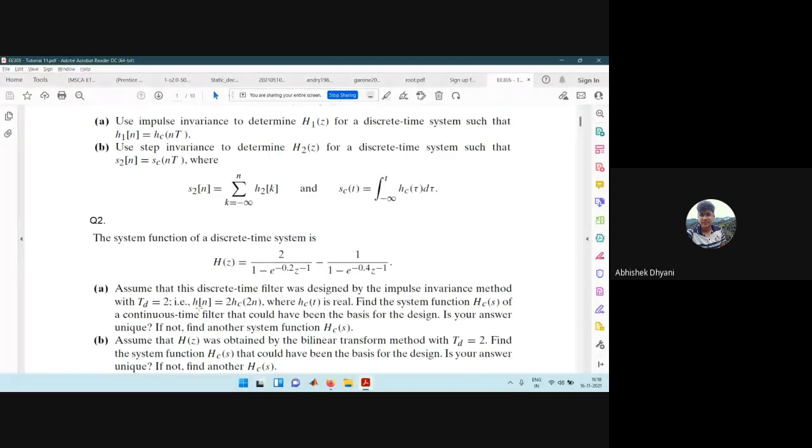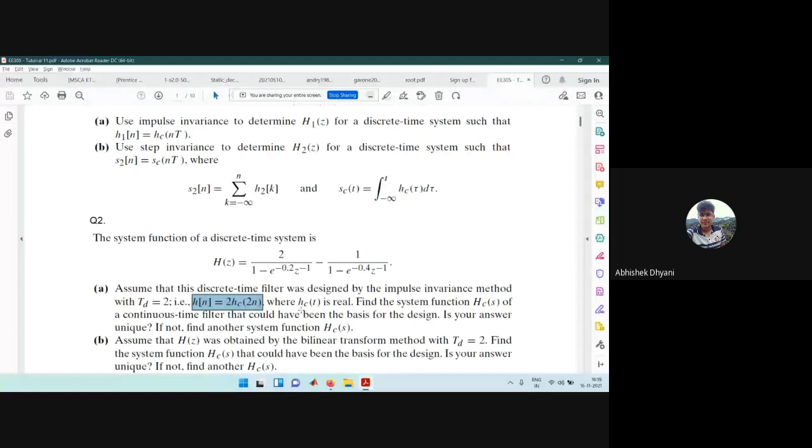That is, when I take this h1[n], which was equal to hc(nT), and this T is actually what they are calling TD. Also, when I do this, I multiply this hc with a magnitude of 2. Obviously, that won't make much difference to the sequence, but that is how impulse invariance is used. So that is why this is done here.